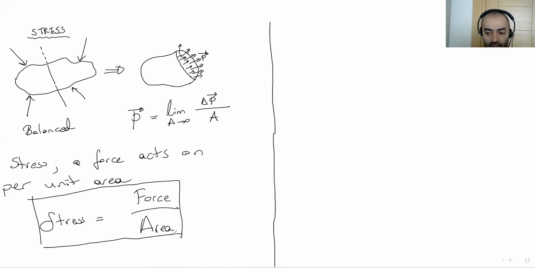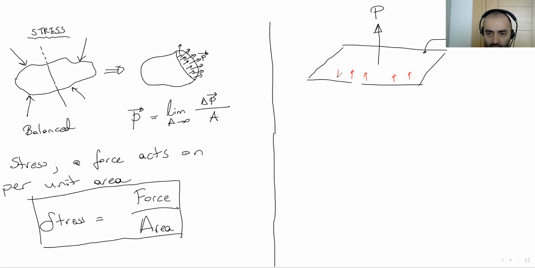This is stress, but we have two different stresses depending on the direction. Let me draw here. If this is my surface, I apply force to this area. This is the area, this is the P. I can calculate these small forces per unit area, which is the stress under this loading.